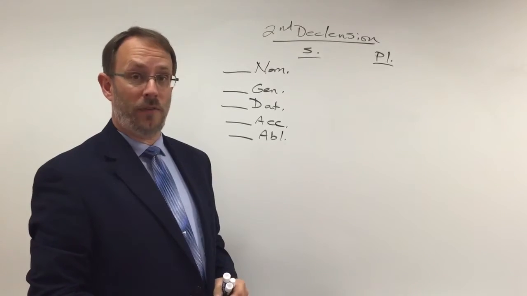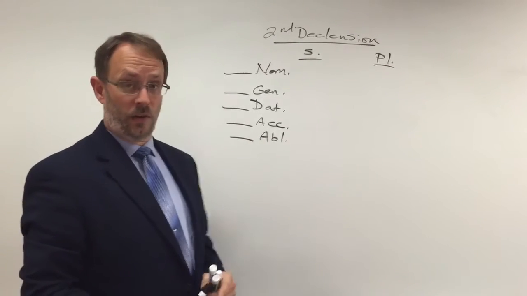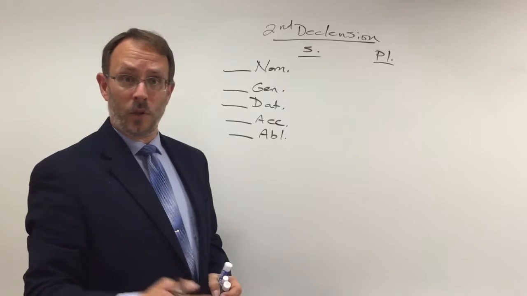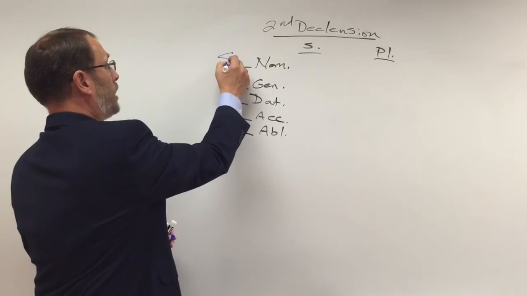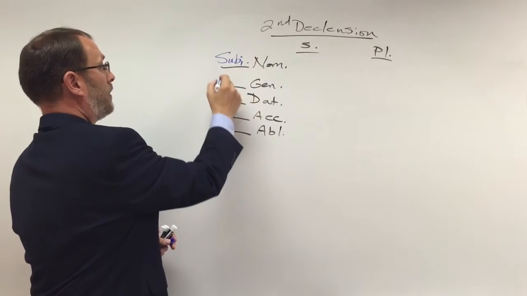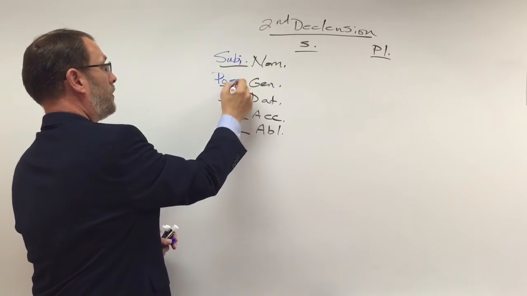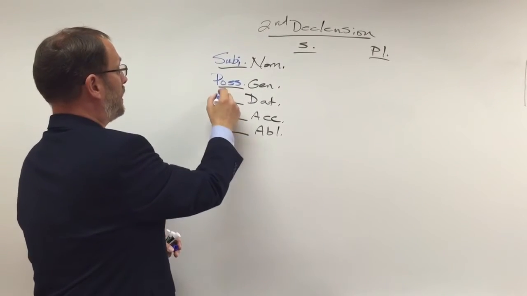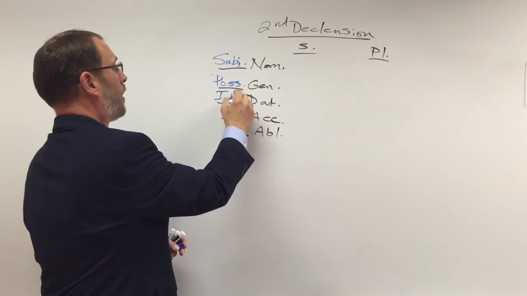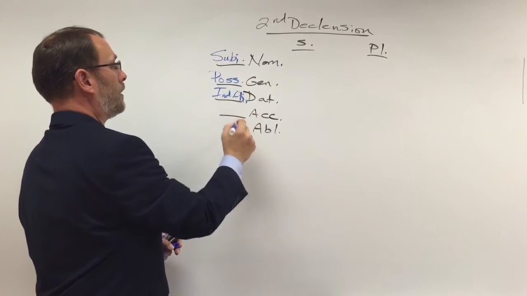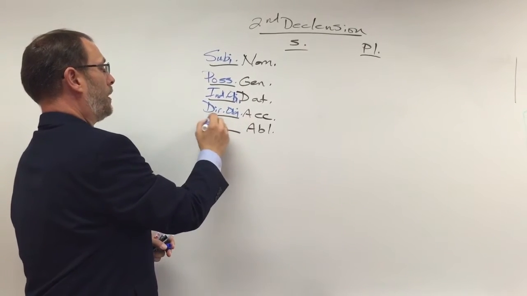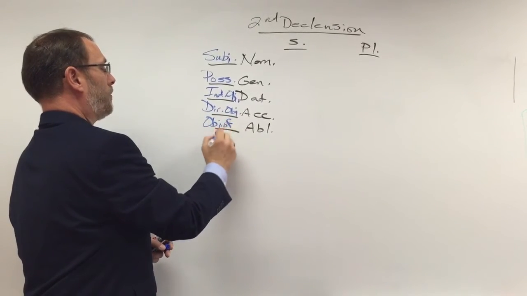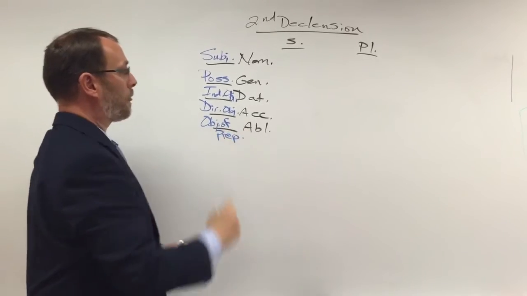So go ahead and hit pause on the video and come up with the uses for each of the noun cases. Okay, assuming that you've got that, you should have found subject for nominative, genitive shows possession, dative is indirect object, accusative is direct object, ablative is object of preposition.